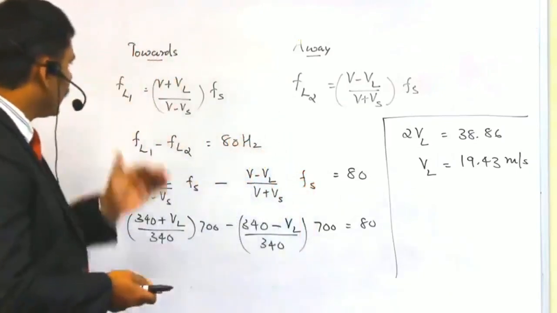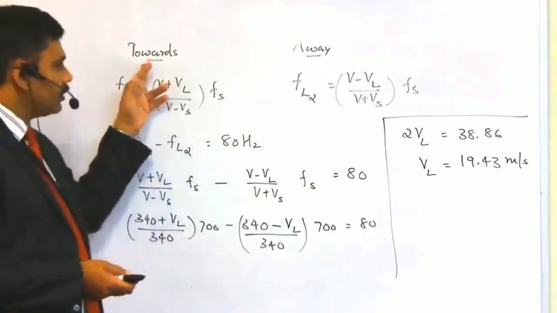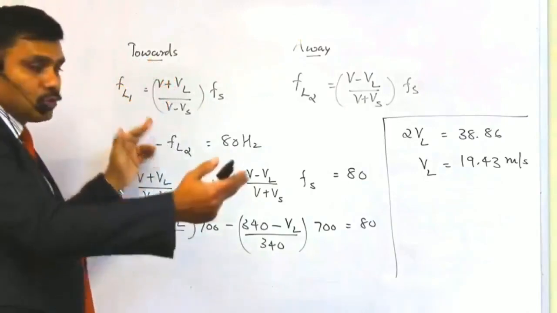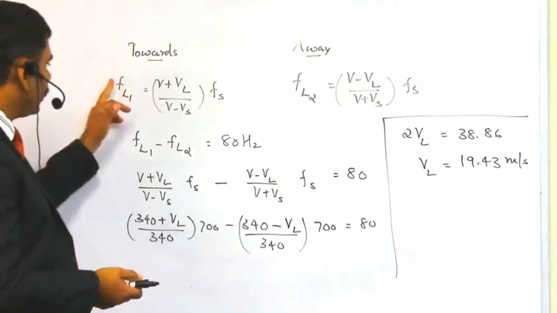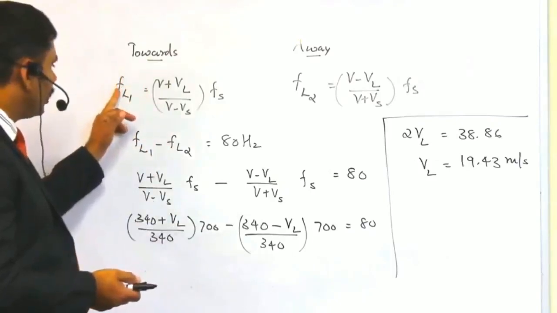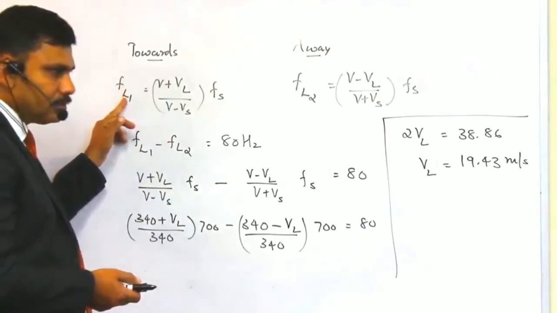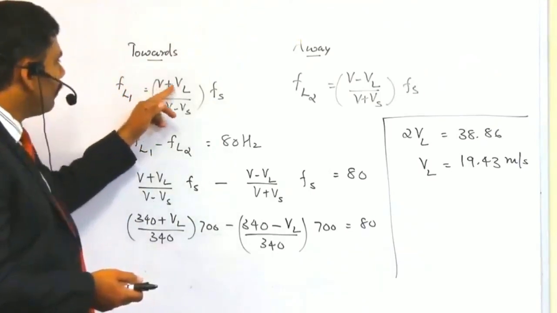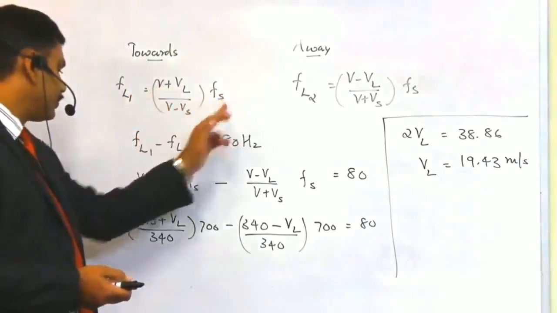Listen, here there are two cases. In the first case, the car is moving towards the ambulance. So the frequency heard by the listener in the car equals (V plus VL) divided by (V minus Vs) times Fs.